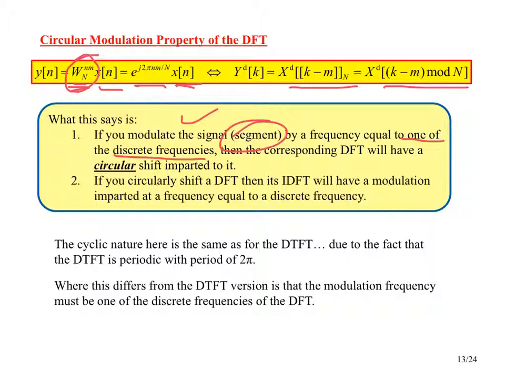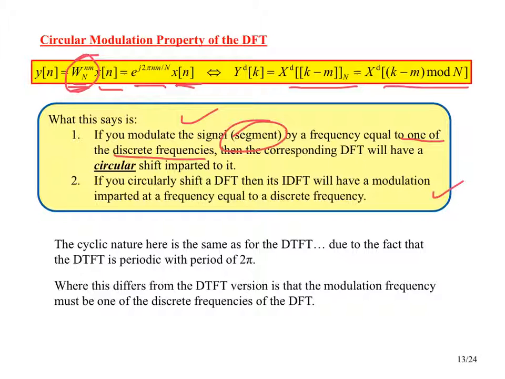So that's one view of it, and this is the dual view of it. If we create a DFT and then circularly shift it and then do an inverse DFT, that imparts a modulation on the signal.